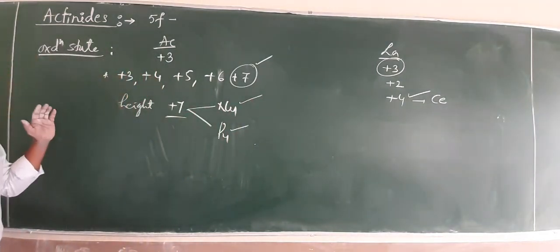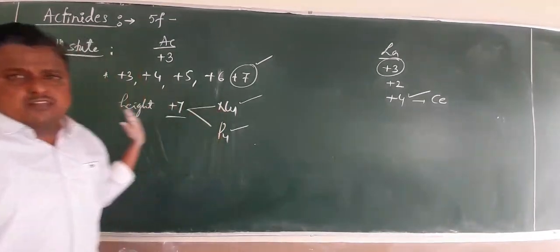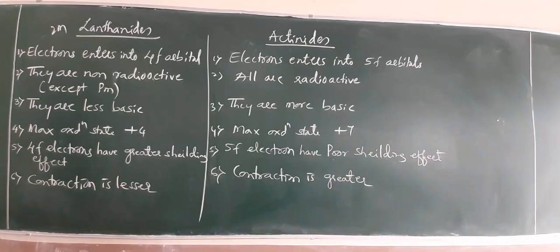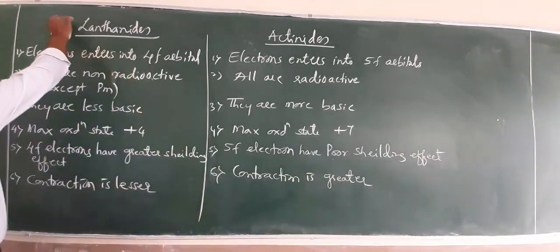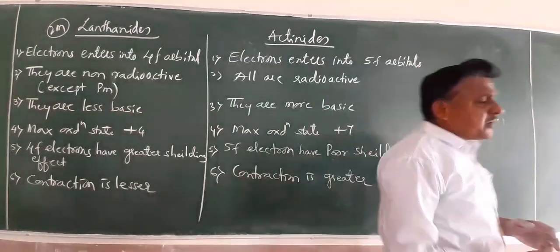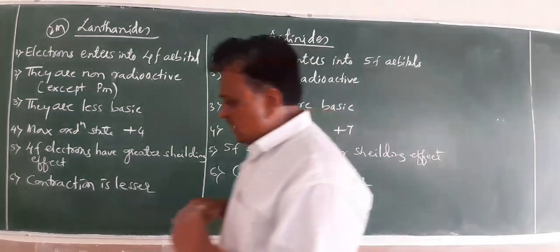After oxidation state, next comes the difference between lanthanoids and actinoids. This is a very important part. Very simple, just keep in mind the differences.